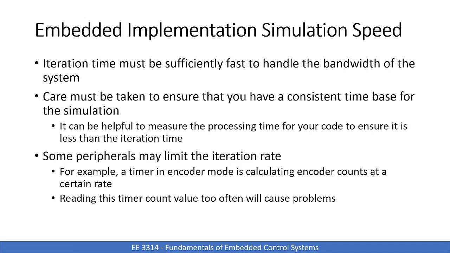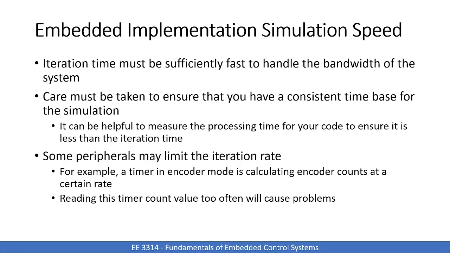The actual calculation time might be varying. So that's why we're going to use a timer to get a consistent time base that we know is predictable, give us a consistent T sub s that we can use in our calculations, and that we're not going to exceed in our calculation time.